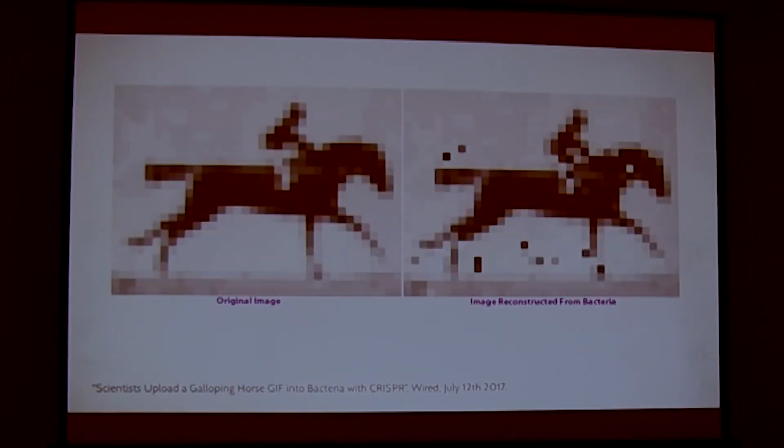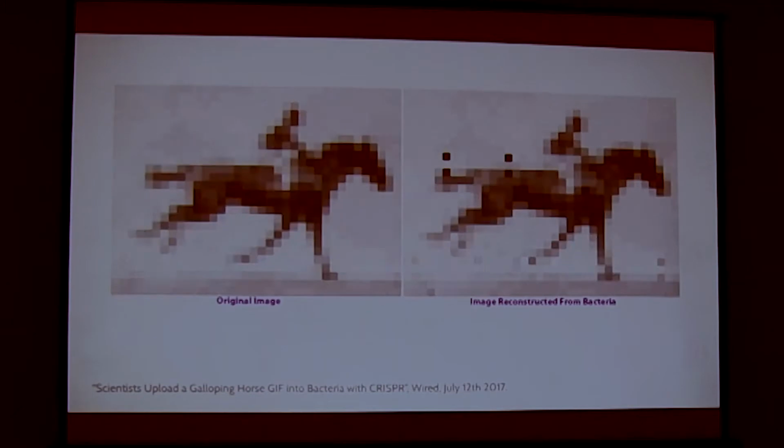Another case study that I really enjoy is from bioinformatics. They were studying CRISPR, and they wanted to understand how we could encode information in DNA sequences. The picture on the left is a GIF of a horse running, and they took the data from that picture and, using CRISPR, inserted it into a gene. Then they evolved these colonies of bacteria for generation after generation.